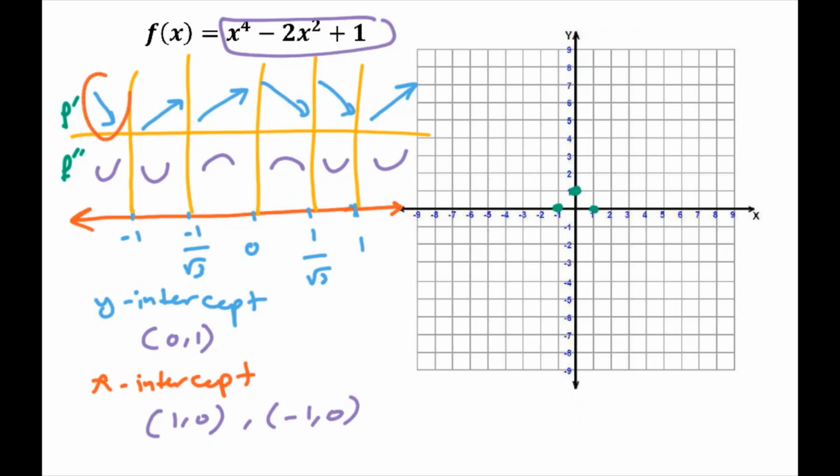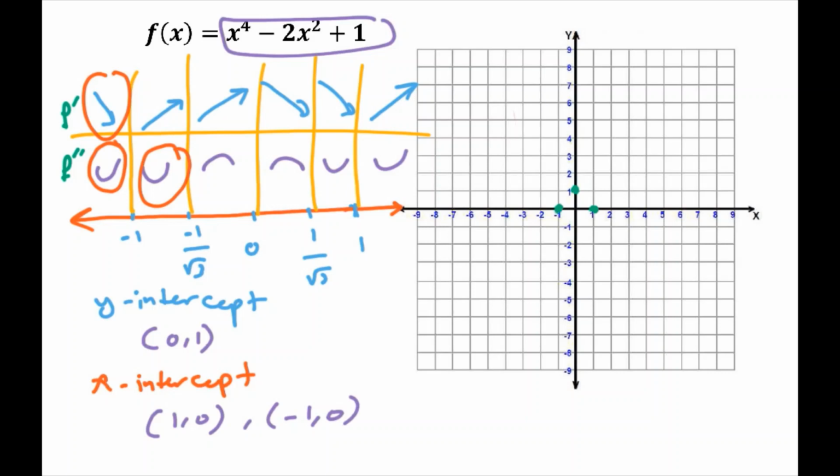What happened basically? Function was decreasing and concave up till negative 1, and then continues concave up, but this time increasing. Now it starts concaving down from negative 1 over square root of 3. Let me redo this.